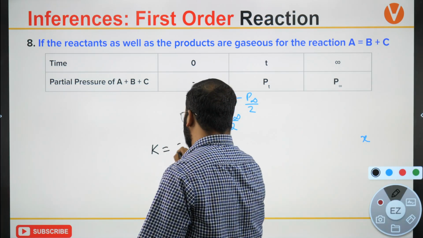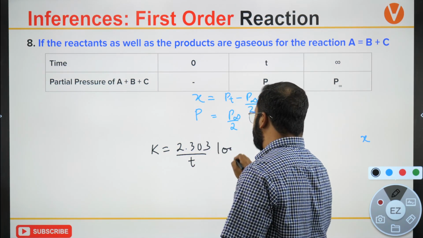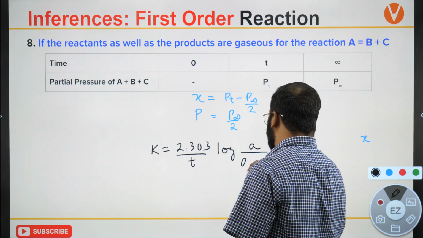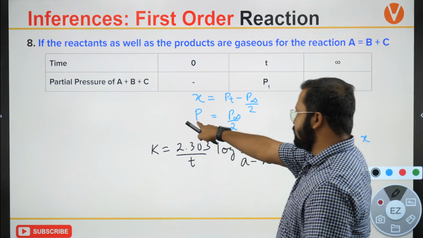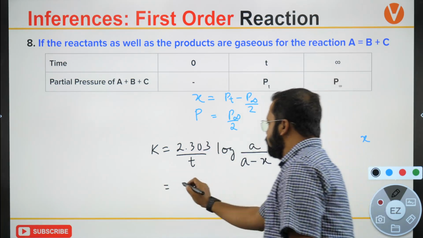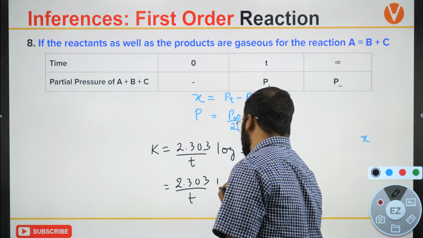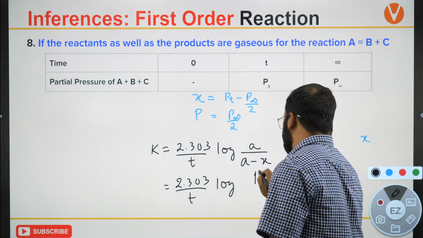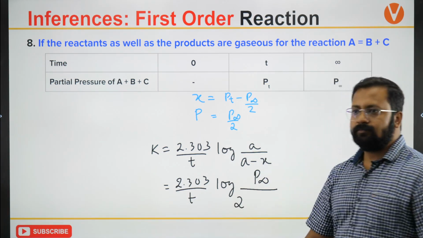K is equal to 2.303 by T log of A upon A minus X. What is A? A is nothing but P. And what is P in terms of the information which is given? 2.303 by T log of P infinity by 2.